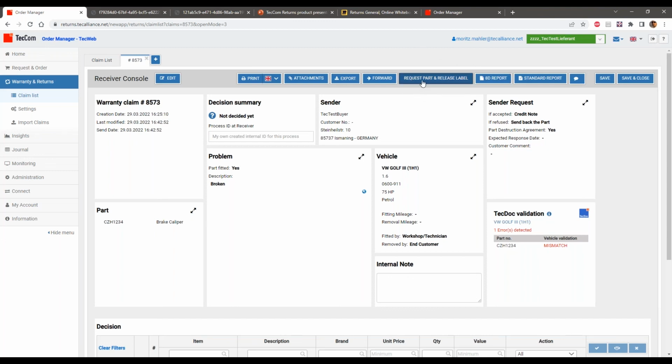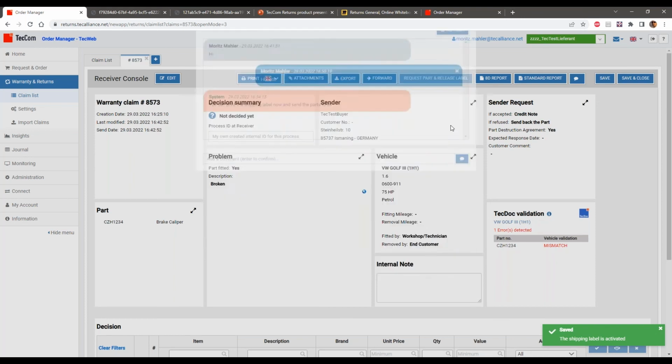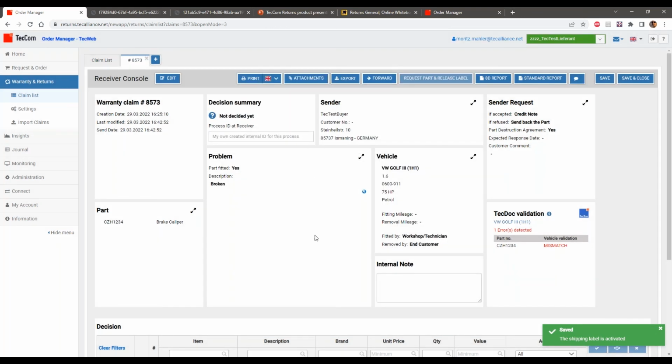In this case, if you activate this possibility, then he will get a message with the system. You can print the shipping label now and send the part to us, because of course there are parts which we want to investigate, because we want to know how we can improve the quality of these parts.